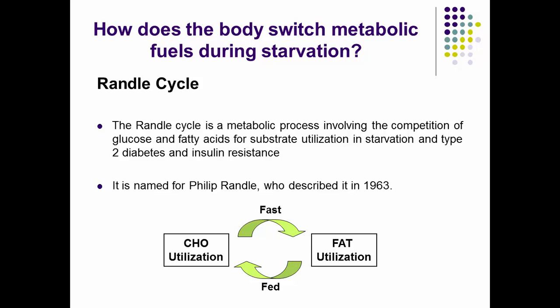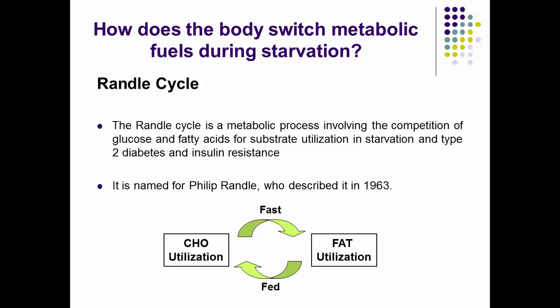Okay, now let's talk about the Randle cycle. So this is a theory to explain how our body switches energy fuel utilization, right, from the fed state to the fasting conditions during the fasting. The Randle cycle is a metabolic process that involves a sort of competition of glucose and fatty acids for utilization in the starvation.